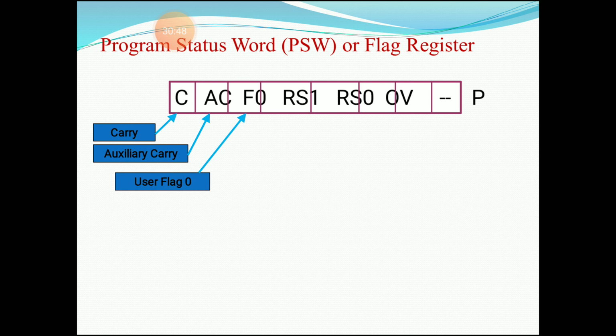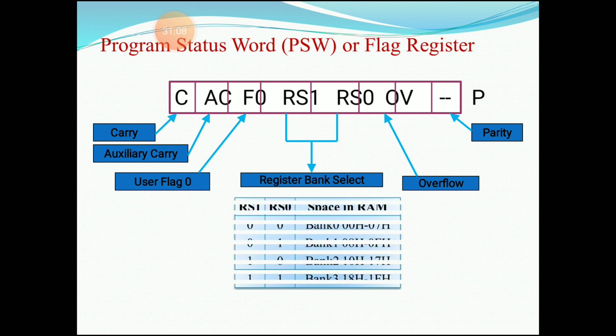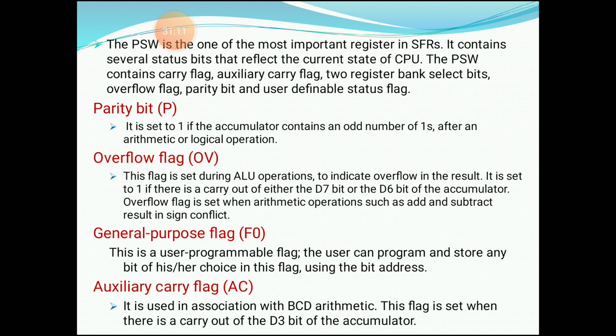Among these 8 bits, 5 bits belong to flags, 2 bits belong to register bank select bits, 1 belongs to user flag 0, and 1 bit is don't care. The PSW is one of the most important registers in the special function registers. It contains several status bits that reflect the current state of the CPU.